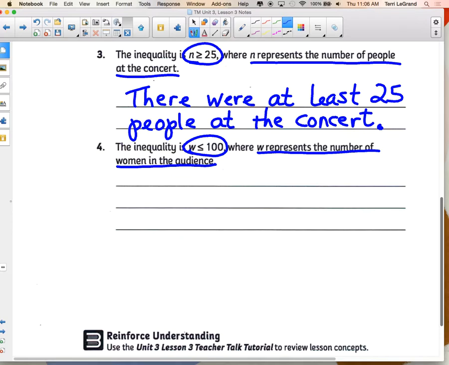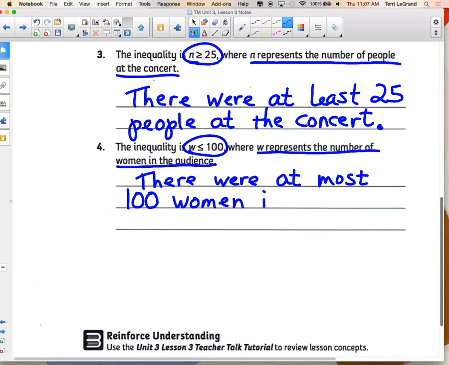Okay, start it out for me again. There were at most. We're going to add a little bit more to that, but we're going to get that down because that's good. There were at most 100 women in the audience.